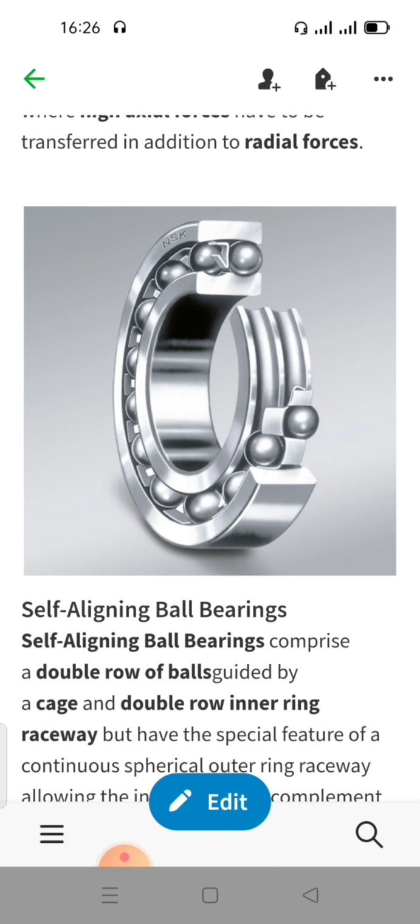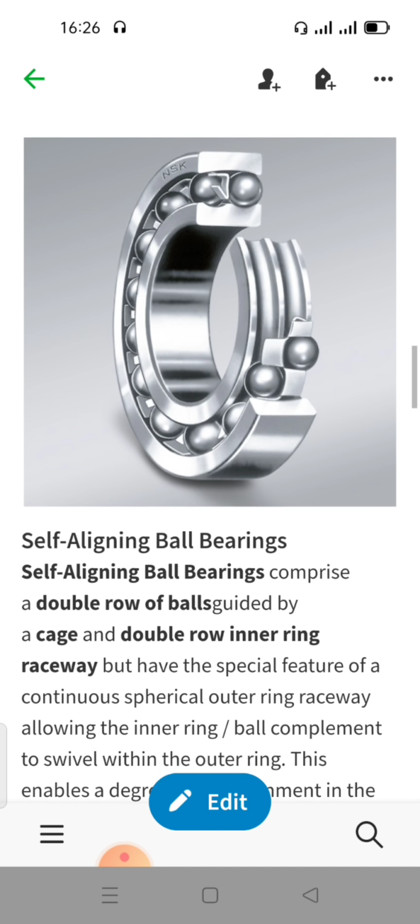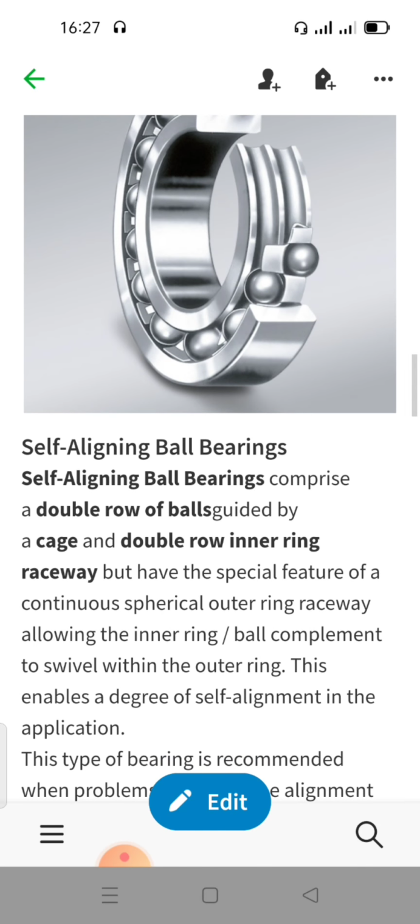Now comes the self-aligning ball bearing. Self-aligning ball bearings comprise a double row of balls guided by a cage and a double row inner ring raceway, but have a special feature of a continuous spherical outer ring raceway, allowing the inner ring or ball complement to swivel within the outer ring.